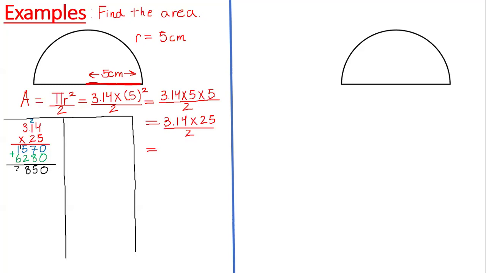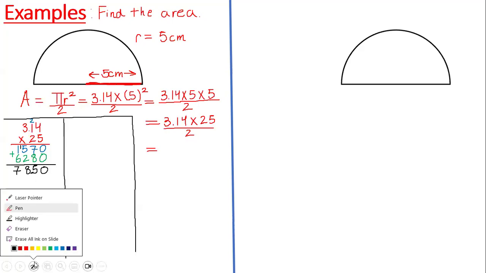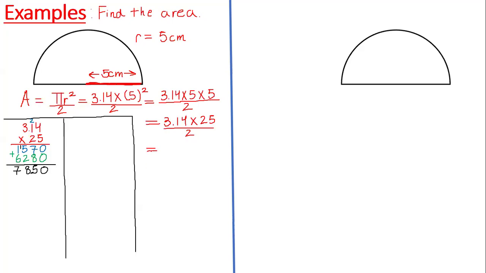So we get 78.50. That's how we get that, because we multiply 3.14 by 25, which gives us 78.50, all over 2. Do you all understand that part? Yes, sir.